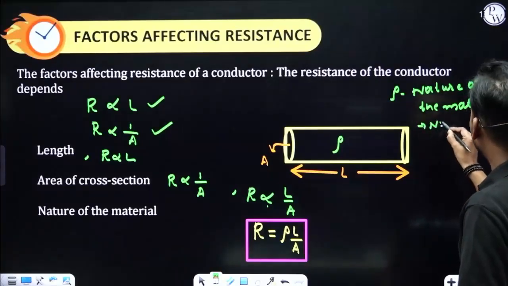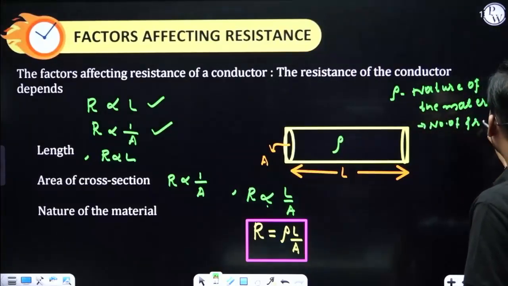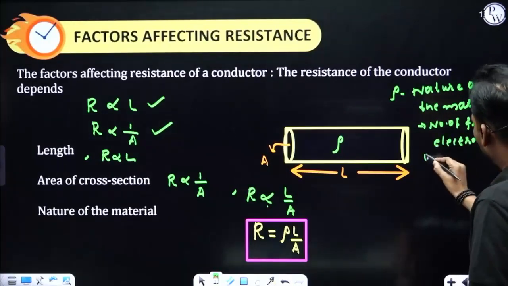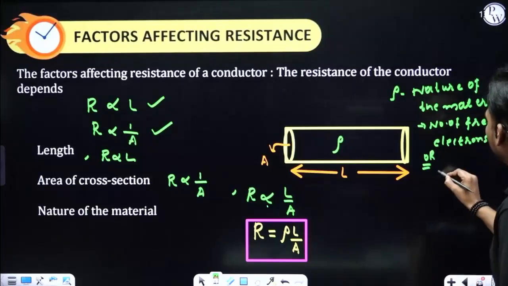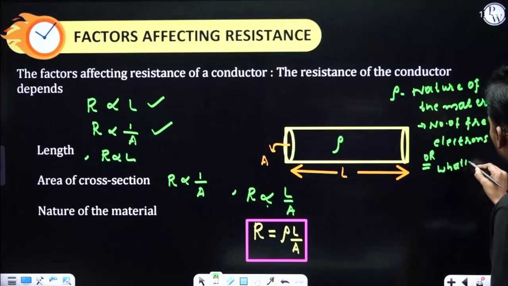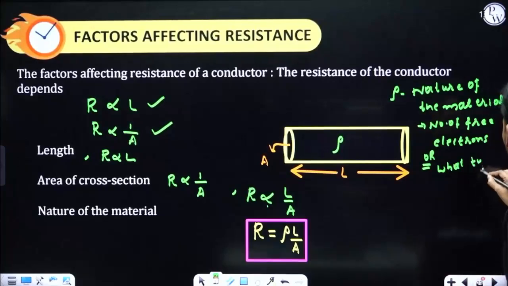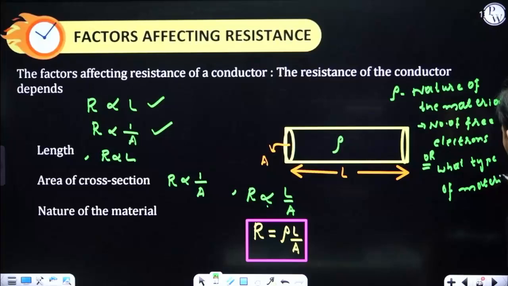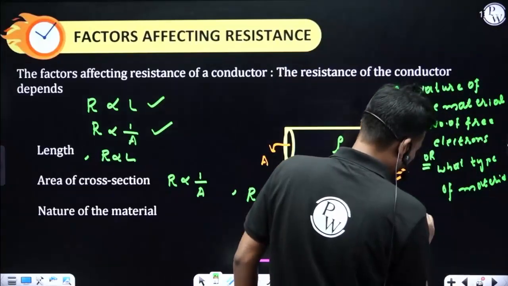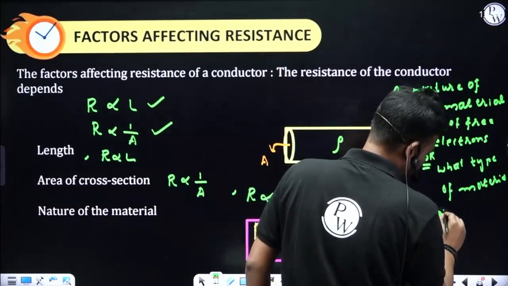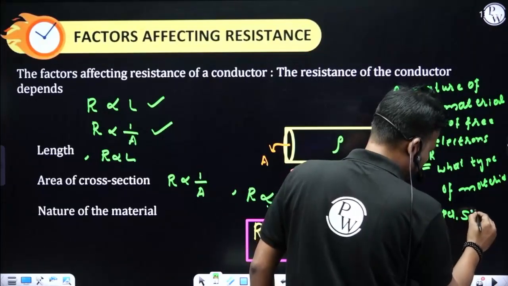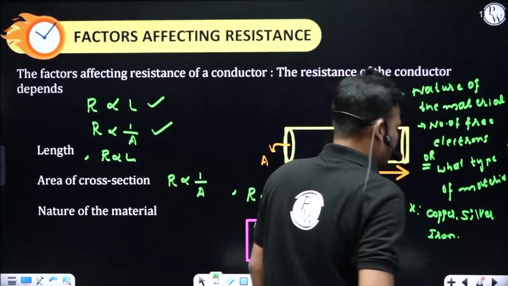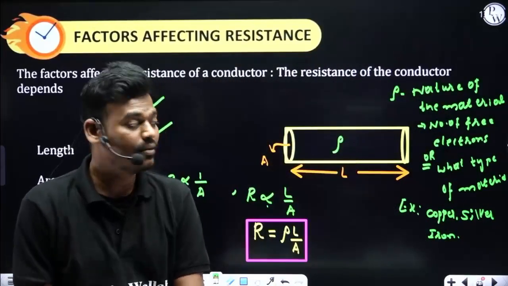It indicates the number of free electrons, or what type of material it is. For example, whether the conductor is made up of copper or silver or iron. So this is what rho indicates: the nature of the material.